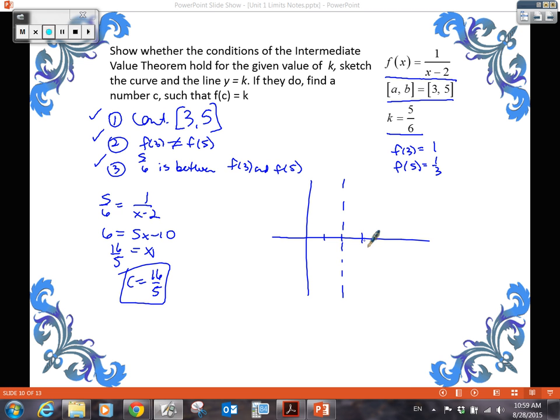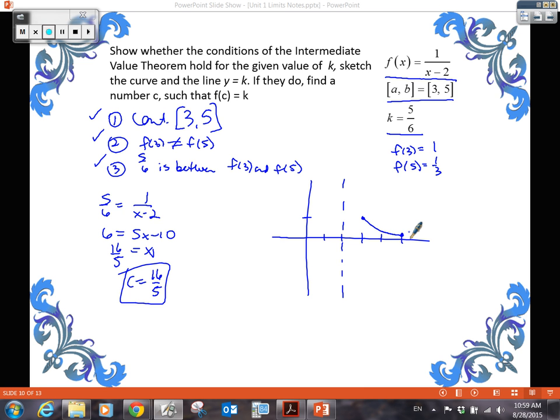I really only am concerned about 3 to 5, so I'm just going to stay over here between 3 and 5. So if I substitute a 3 in here, I already know I get a 1. And I substitute a 5 in there, I get a 1/3. So it kind of looks like that. There's my graph between 3 and 5.